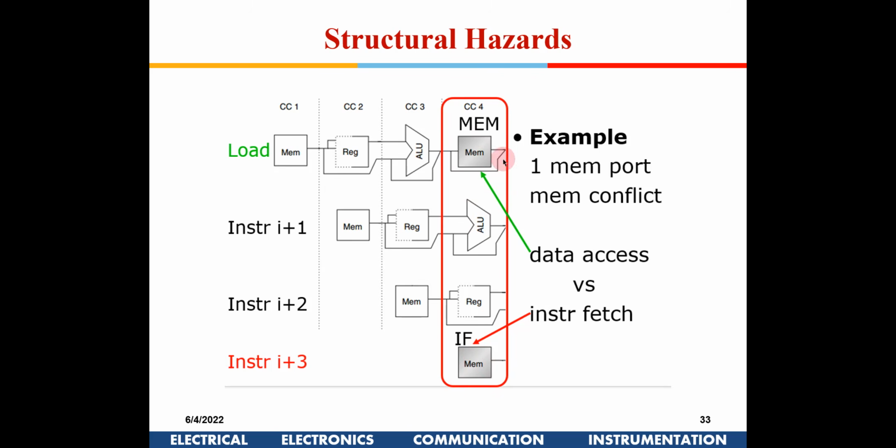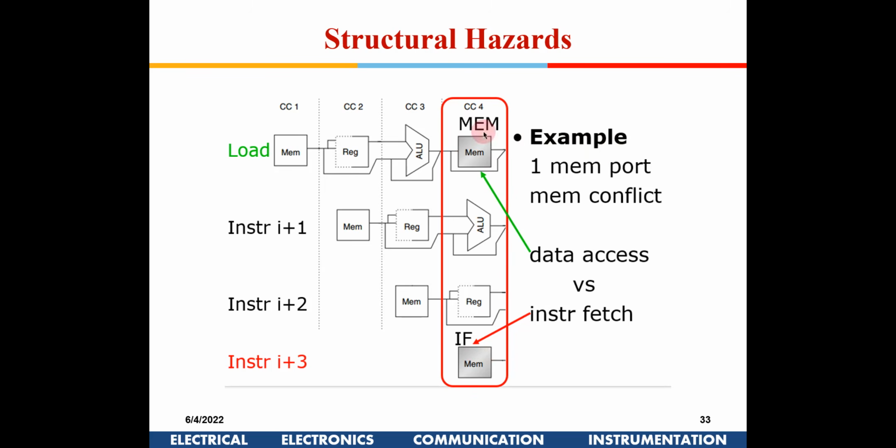So you will find the same memory is being accessed here and here also. This is known as the structural hazard, where the same hardware is being used by two different instructions at the same time. So this could be an issue.